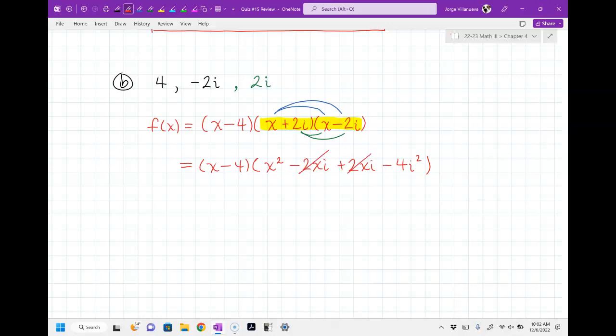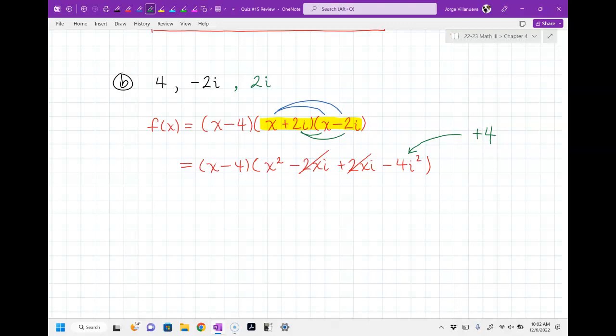Okay? And what's going to happen to this right here? Right now it says minus 4i squared. What is it going to become? A plus 4. Because what's i squared? Negative 1. What's negative 4 times negative 1? Positive 4, right?